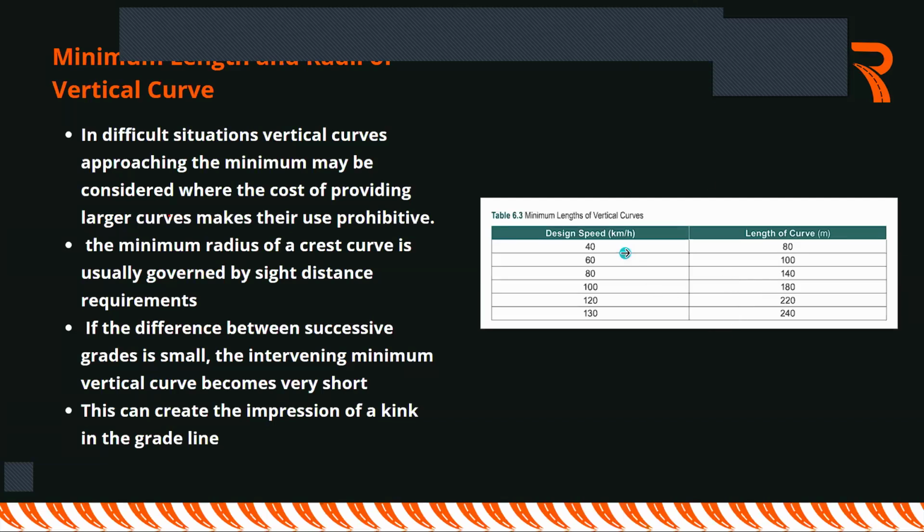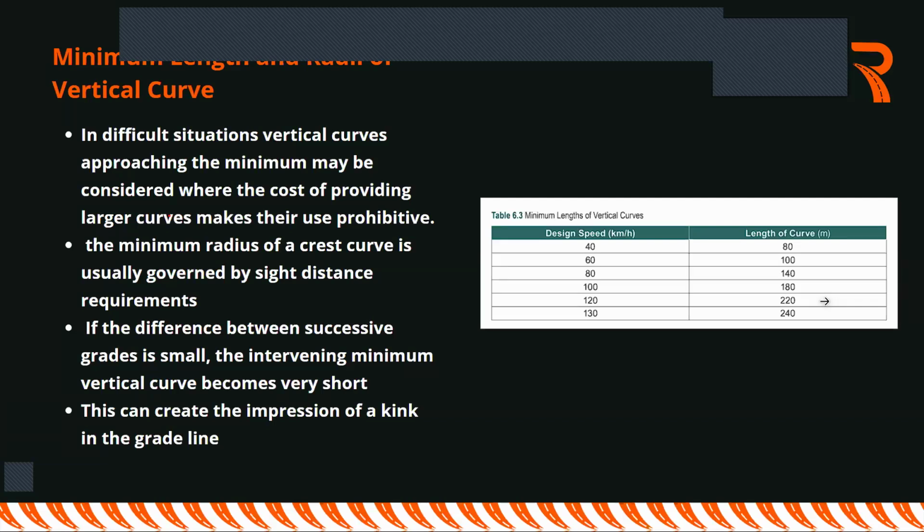The minimum length of the curve, for example, for a design speed of 40, you can see is 80; 60, 100; 80, 140; 100, 180; 120, 220. The rule of thumb for the minimum length of vertical curves is always 2 times the design speed.